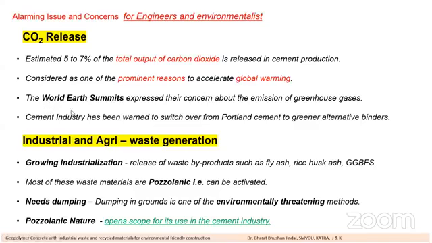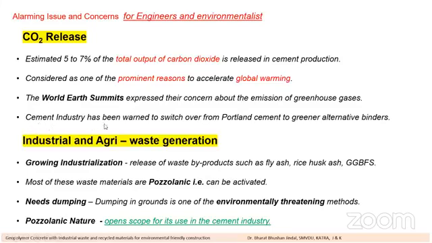Based on this, whenever an Earth summit happens across the world, they are very serious and put forward their concern about the emission of greenhouse gases. That means we, as researchers and environmentalists, need to check this emission and see how we can curtail and reduce these gases so that the environment can be controlled.